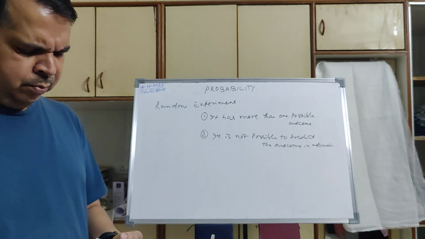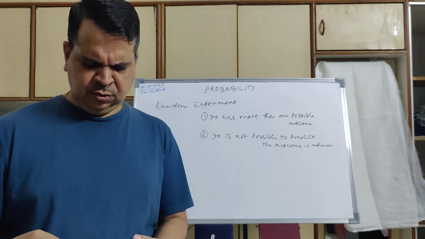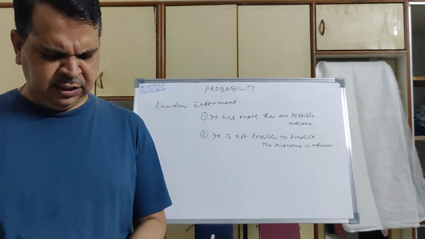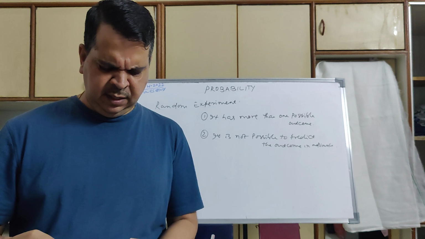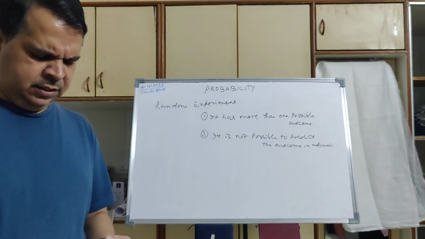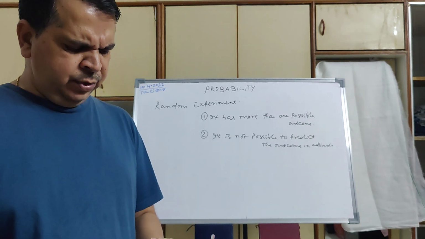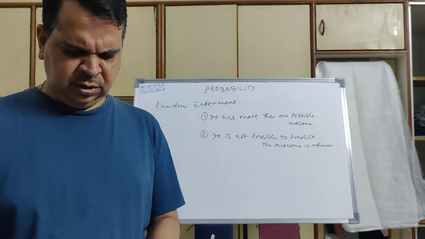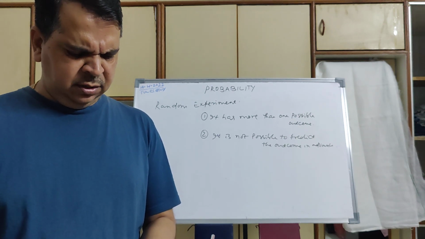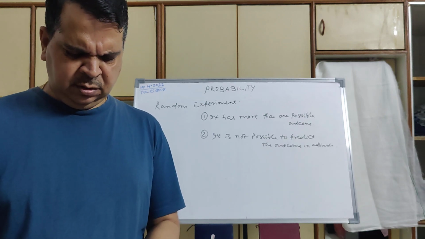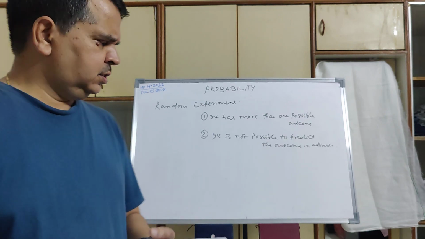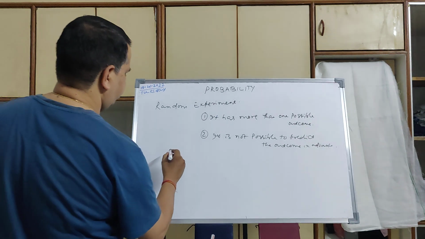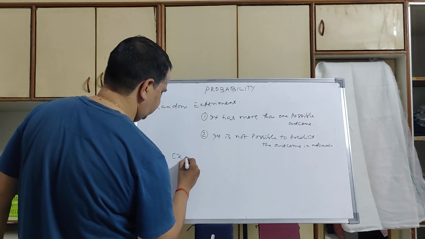We also perform many experimental activities where the results may not be the same when they are repeated under identical conditions. For example, when we toss a coin. So the example of a random experiment is tossing a coin.